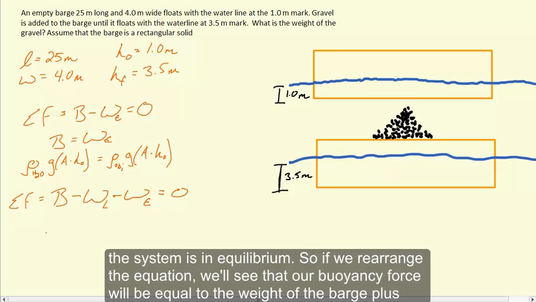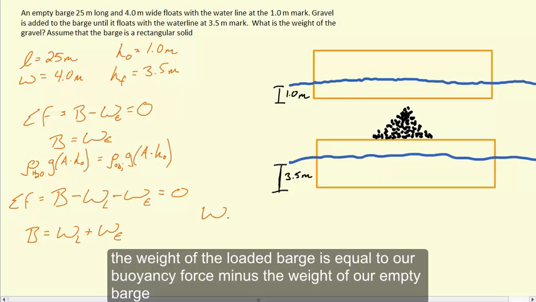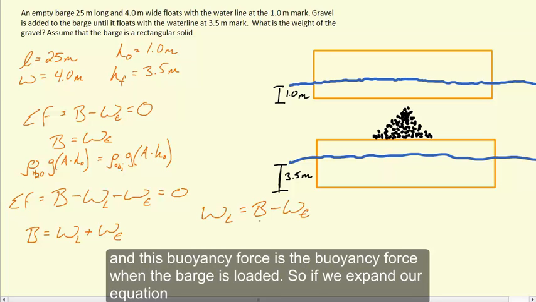So if we rearrange the equation, we'll see that our buoyancy force will be equal to the weight of the barge plus the weight of the empty barge. Since we're trying to find the weight of the gravel, we can set the equation where the weight of the loaded barge is equal to our buoyancy force minus the weight of our empty barge. And this buoyancy force is the buoyancy force when the barge is loaded.